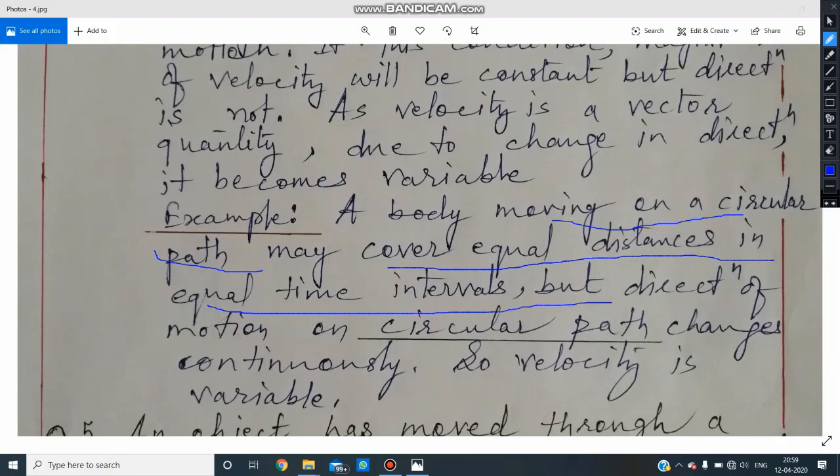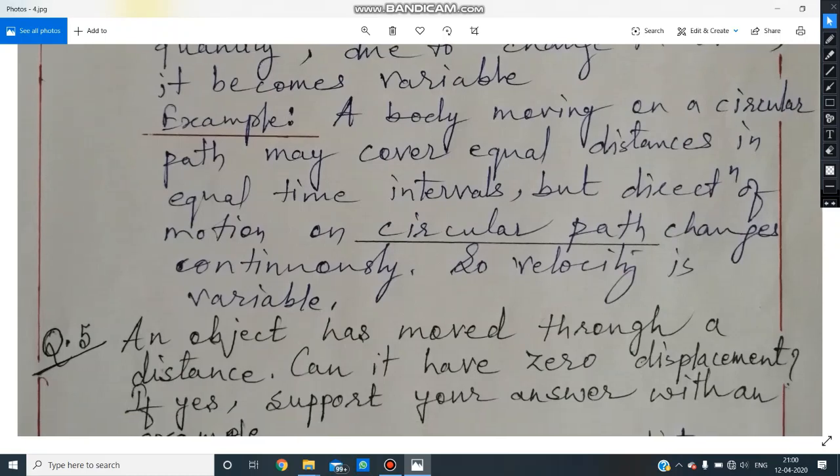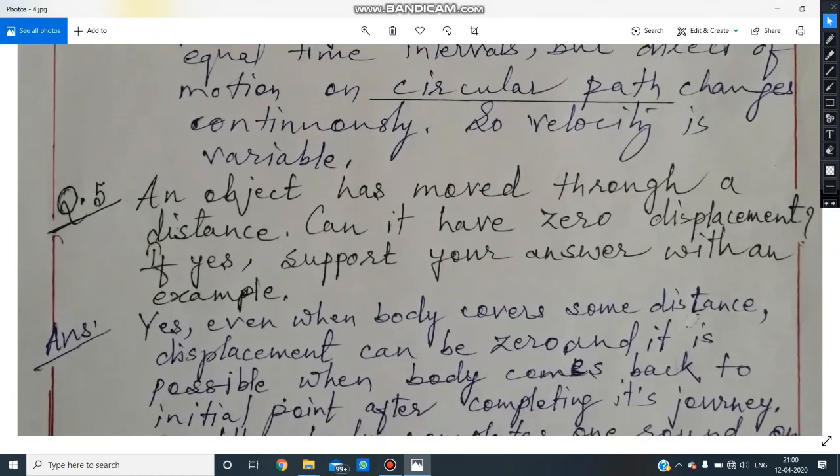But at every point of the circular path, the direction goes on changing. Direction of motion goes on changing continuously, and that results finally into the situation that velocity becomes variable. So the answer should start with writing yes, and then you have to explain the situation.